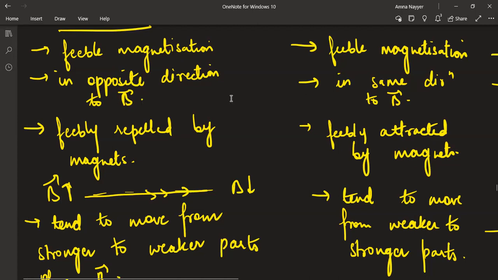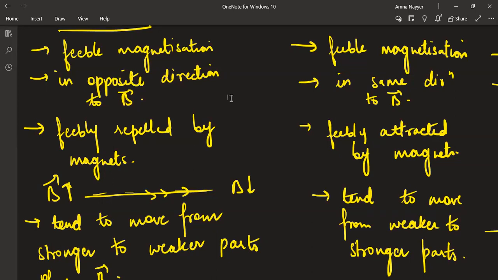So susceptibility you have to mention: it lies between -1 and 0 for diamagnetic, between 0 and epsilon for paramagnetic, and more than 1,000, a very large positive number, for ferromagnetic, the third one.